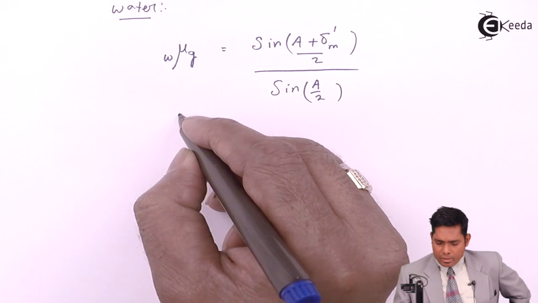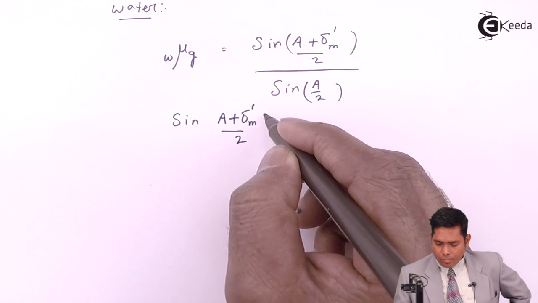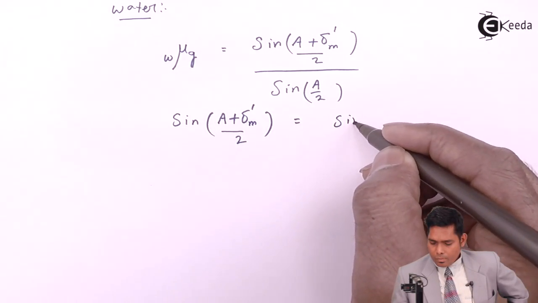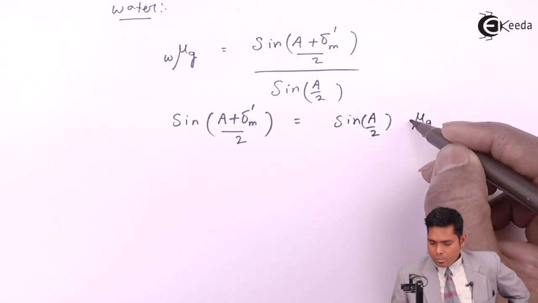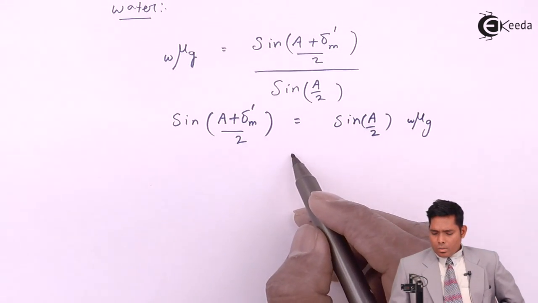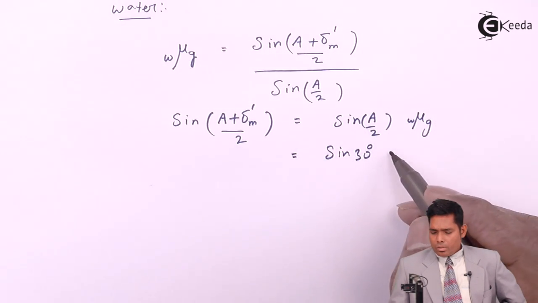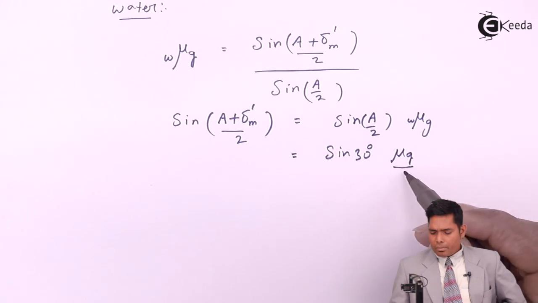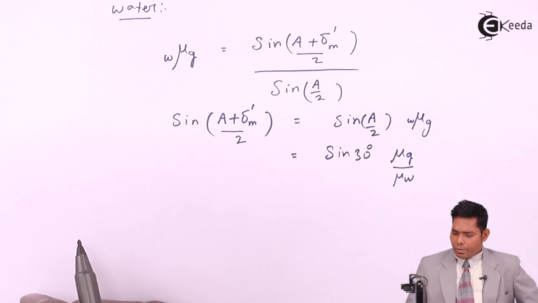Therefore, by putting those known data over this, we will get the value of delta m prime. So I'll write here that sine of (A plus delta m prime) by 2 is, from here, sine of 30 degree, because 60 by 2 is 30, times the refractive index of glass divided by refractive index of water.